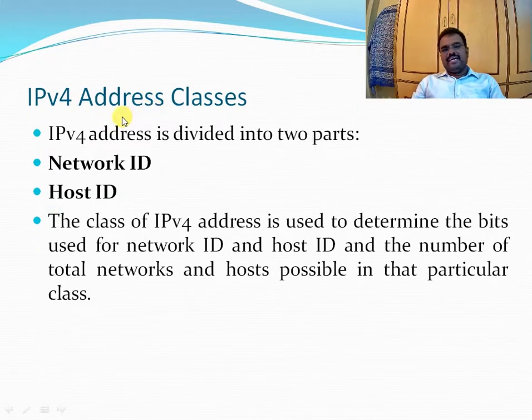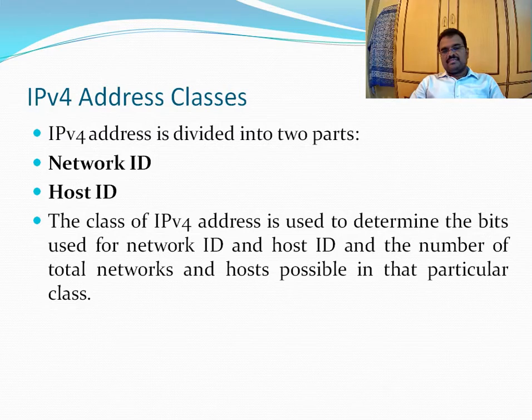So any IPv4 address class contains two parts. First one is the network part and second one is the host part. So network identification and also host identification. Each and every IPv4 class address generally contains 32-bit addressing. Among this 32-bit addressing, we must have a network identification and also a host identification.